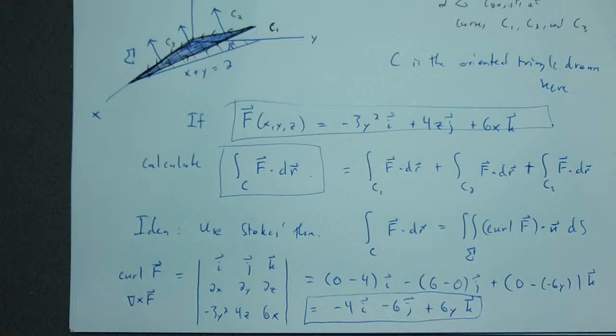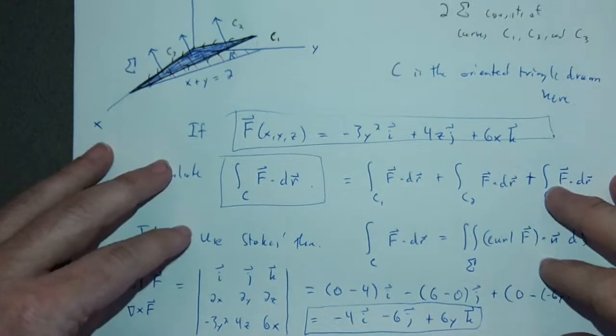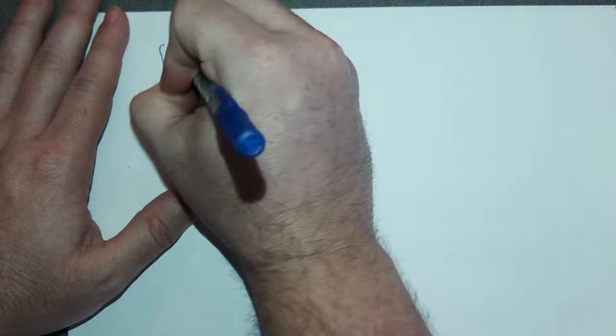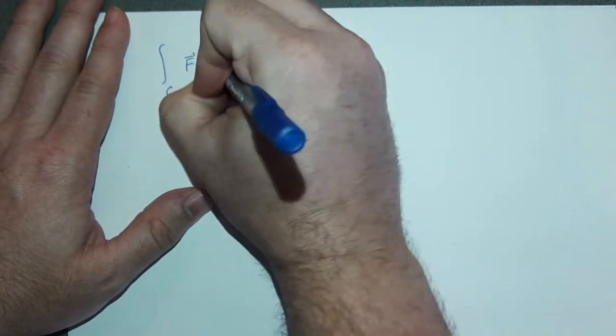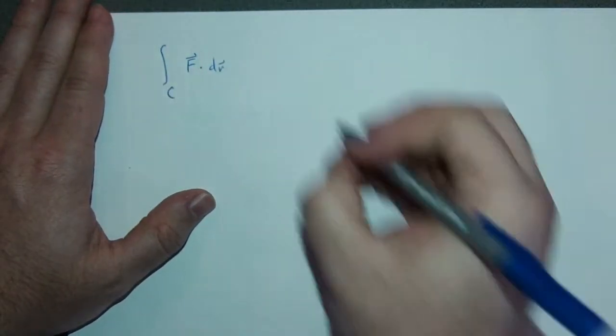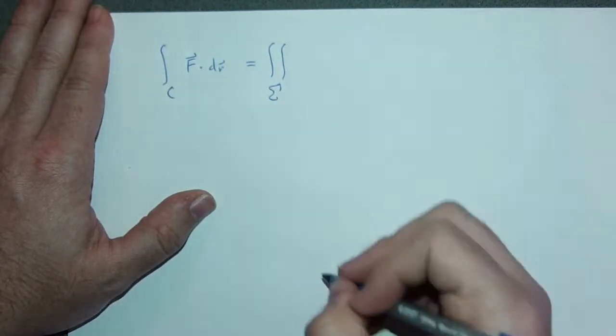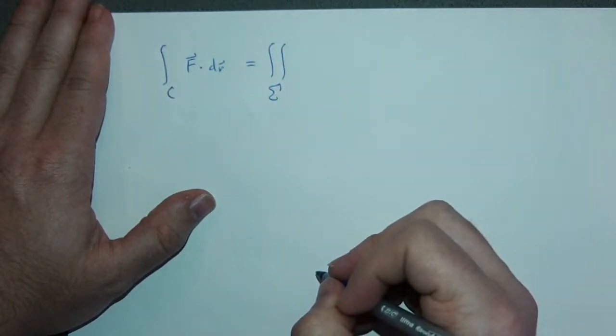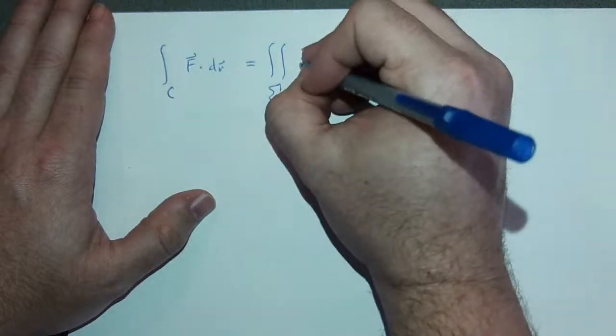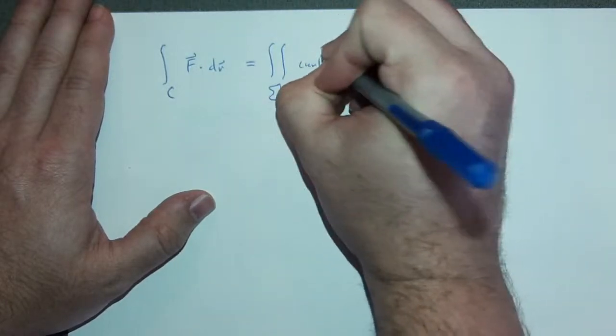Okay. All right. Now, we're ready to use Stokes' Theorem to say my line integral of F, this vector field over that boundary curve C, is equal to the surface integral over that triangular piece of that plane, sigma, of curl F, which I just computed.